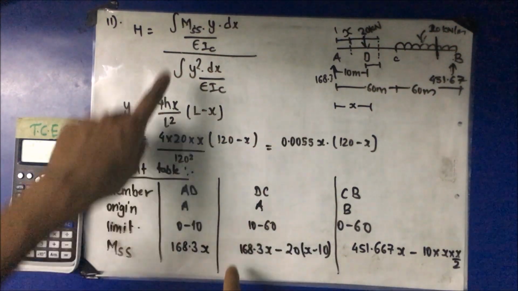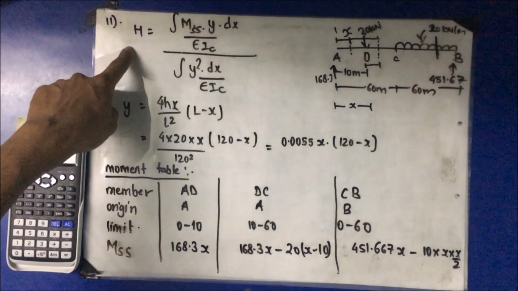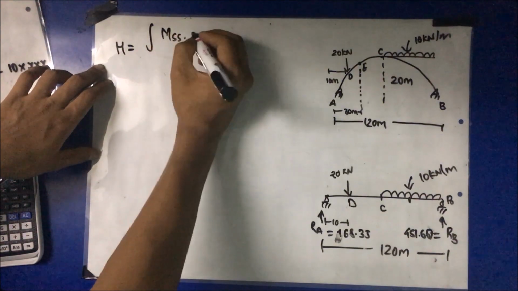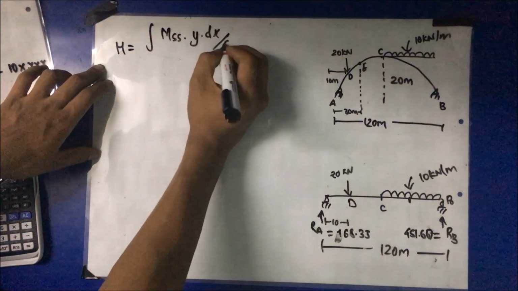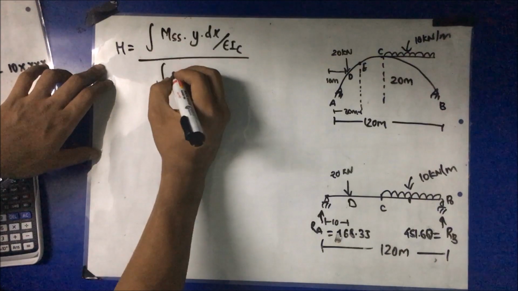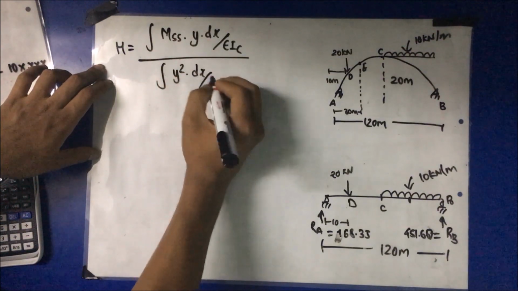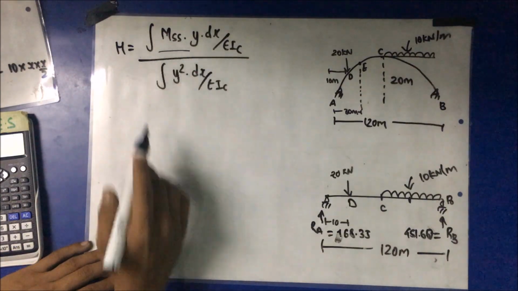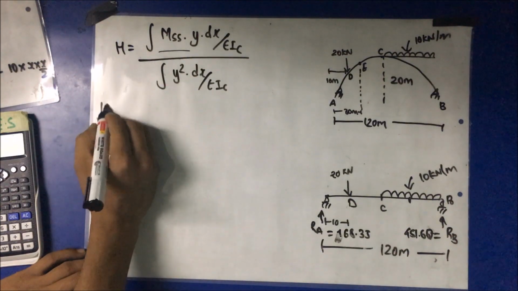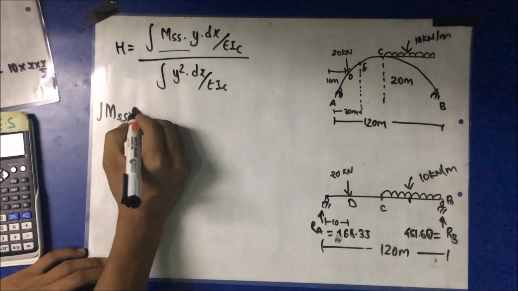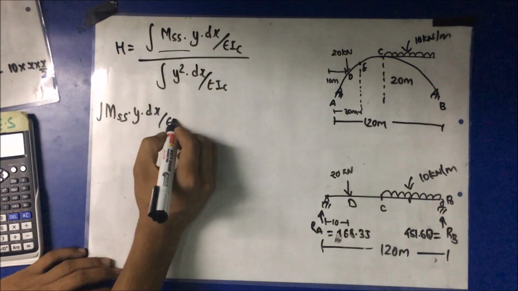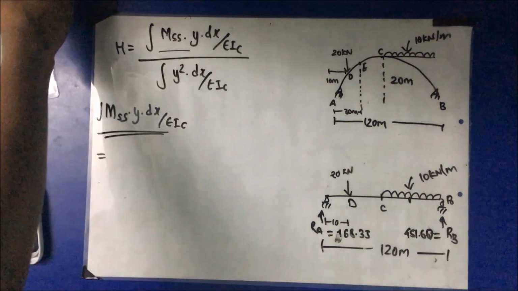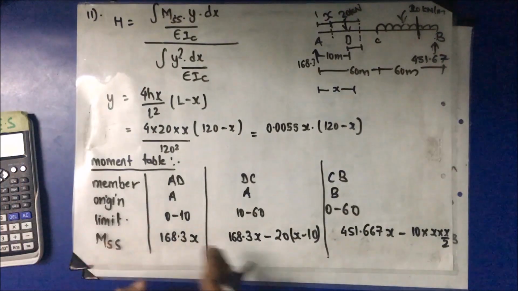Now we substitute the value of M_s and y in the equation: H is equal to integral of M_s y dx divided by EI_c, divided by integral of y square dx by EI_c. At first let me determine the numerator. M_s y dx by EI_c, which is equal to, now we'll consider the value for each member separately.